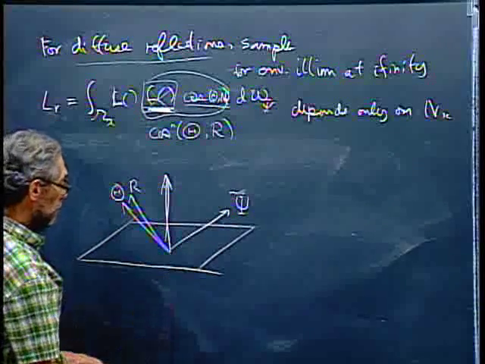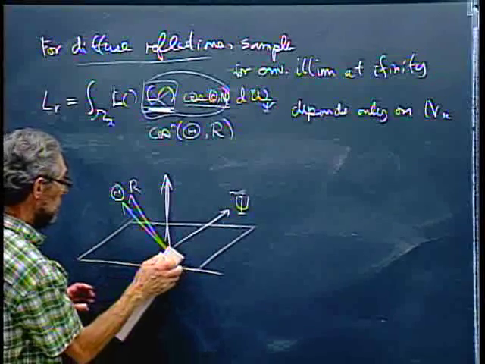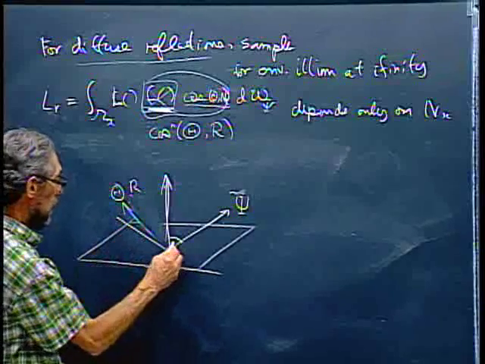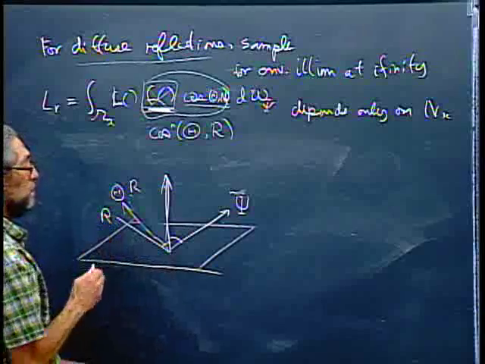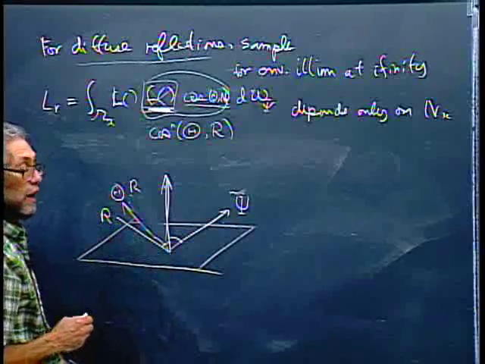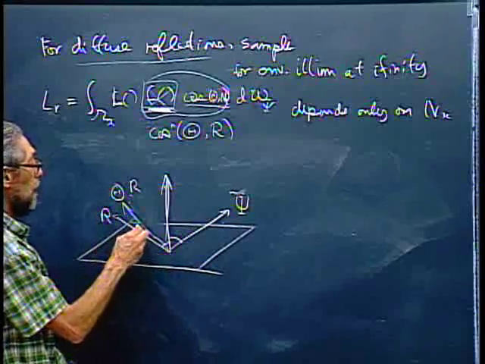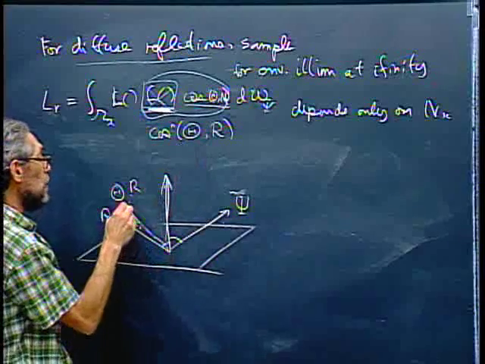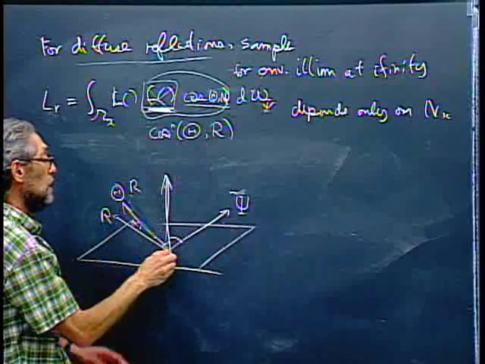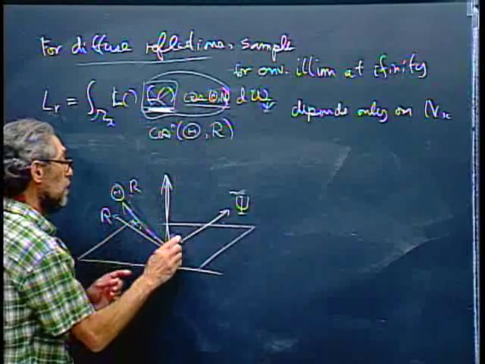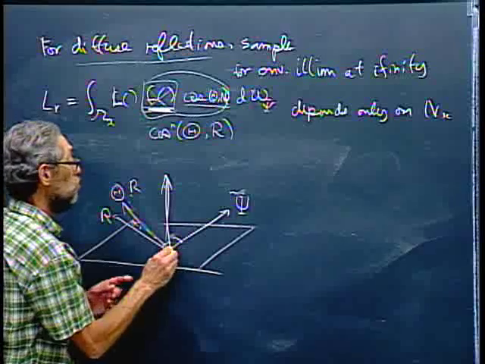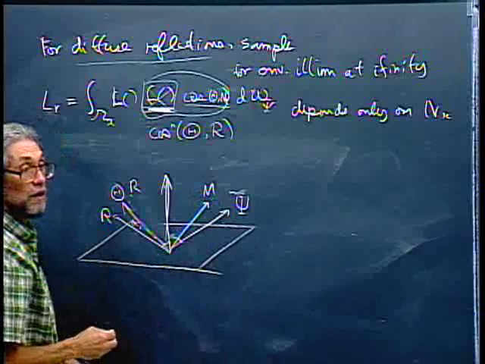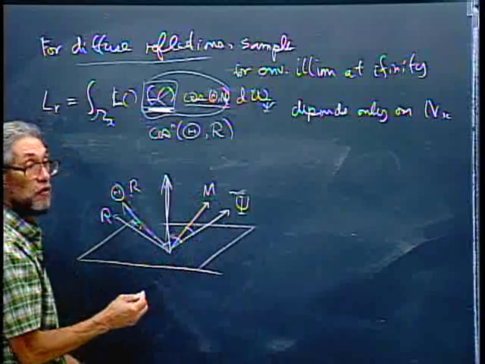I didn't draw it very well, but let's see. This angle looks like it's flatter than that. Maybe this angle equals that angle. Here is r. Right? And this is the angle here, alpha, which we're taking the cosine of. Well, it turns out if you take the perfect mirror reflection in the same normal of the viewing direction, and you get the perfect mirror of the viewing direction, then this angle is also equal, right?